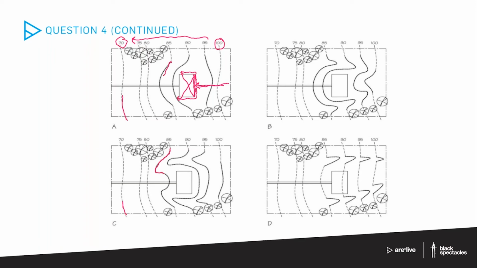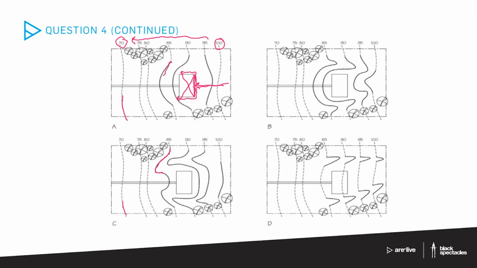So even without a legend, looking at this, I would assume that these lighter dashed lines represent the existing topography, and the darker dashed lines represent proposed changes to the topography to allow for drainage on this site. So let's look through the four choices and think about which one is going to effectively provide drainage.